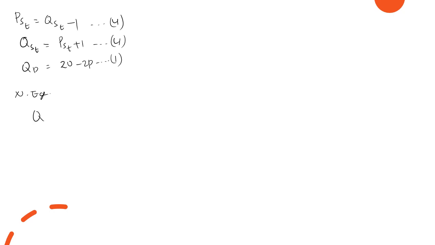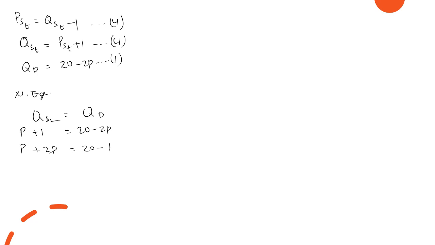Now the new equilibrium is QST equals QD: P plus 1 equals 20 minus 2P. Collect all the P to the left side, then 20 minus 1.